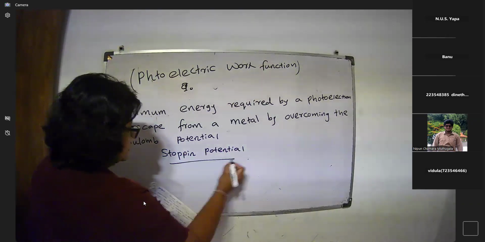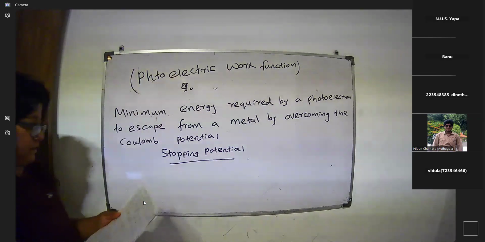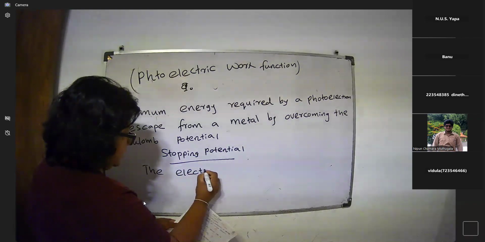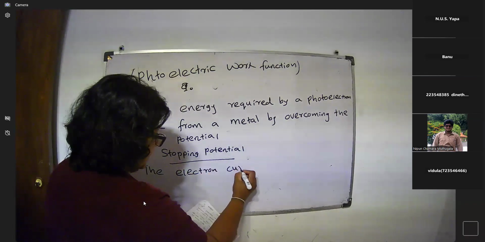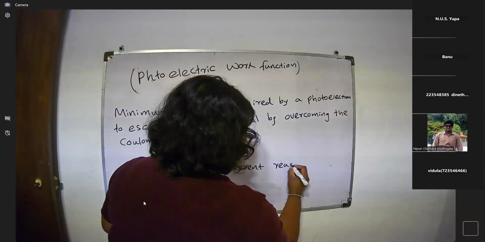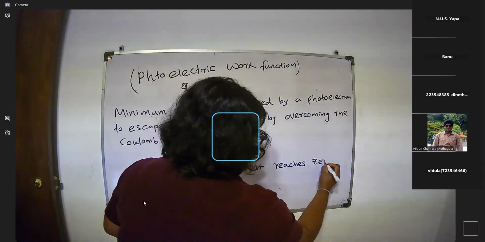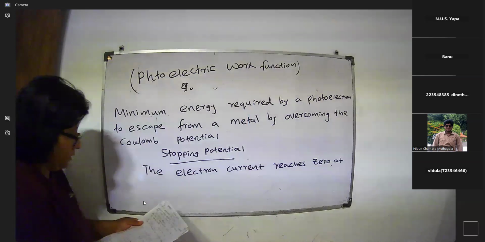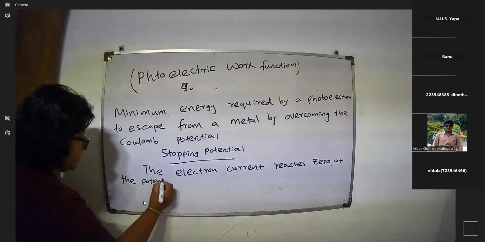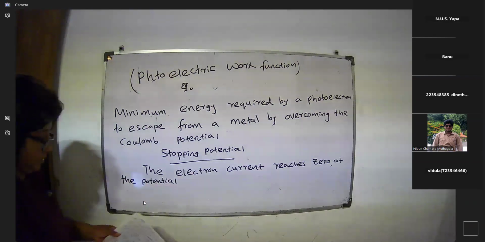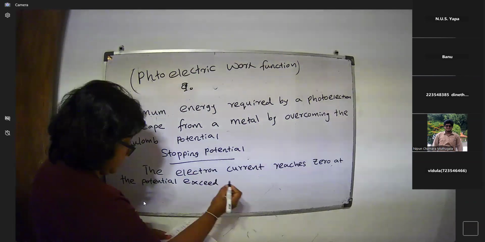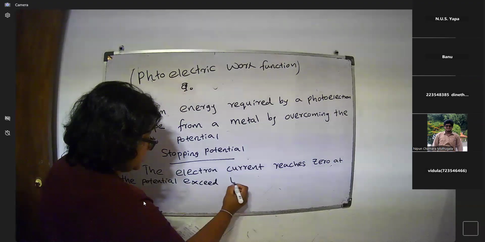Stopping potential: the electron current reaches zero when the potential exceeds V naught.